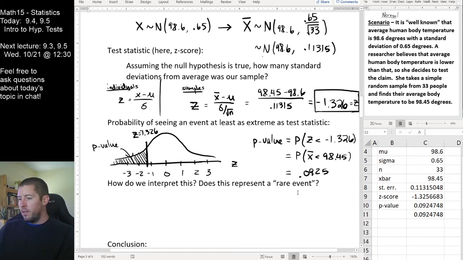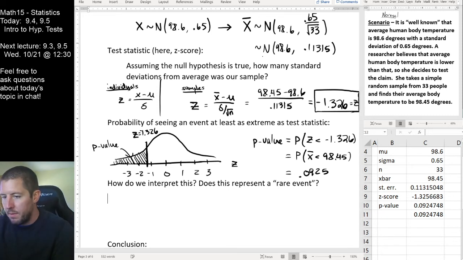This is really important for us right here. Remember that this is a probability. The p-value is a probability. So let's type some things out here.